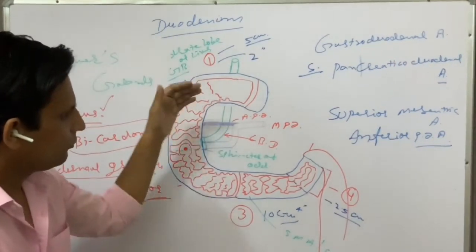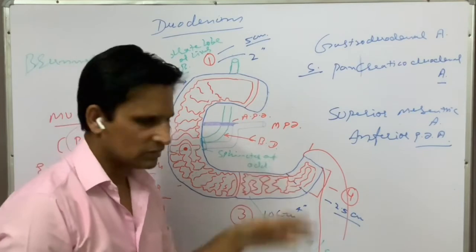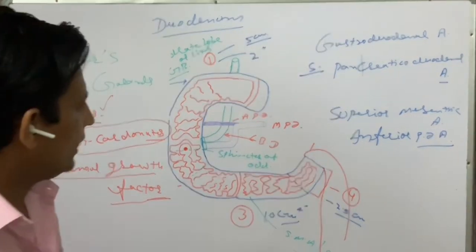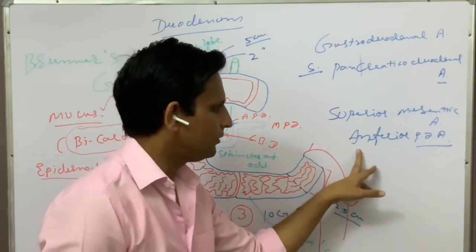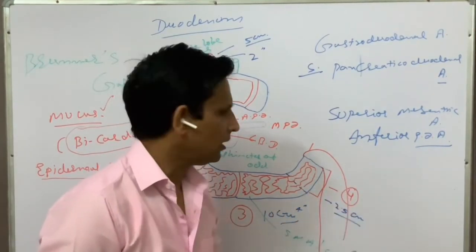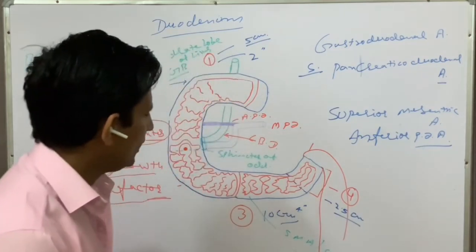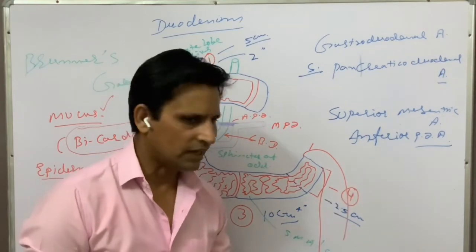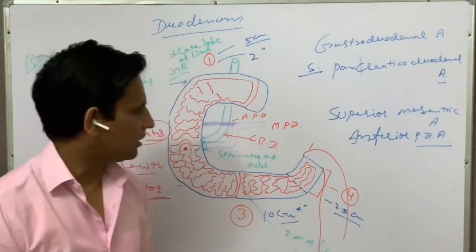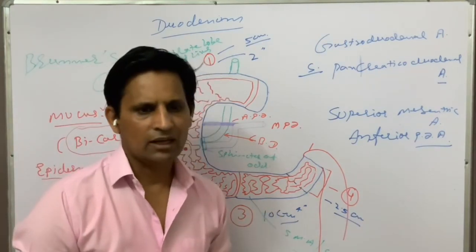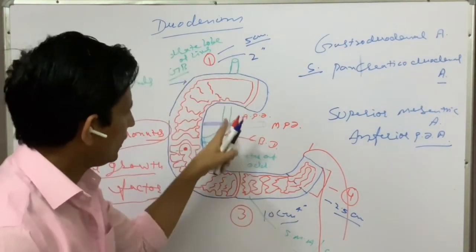Let's see the venous drainage of this system. That's quite easy. As we have said there is an inferior pancreaticoduodenal artery, so there would be an inferior pancreaticoduodenal vein, but mainly the whole venous drainage is drained by the splenic vein, by the superior mesenteric vein, and by the portal vein, right?